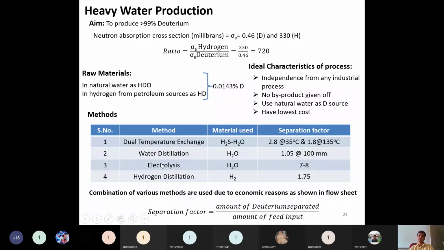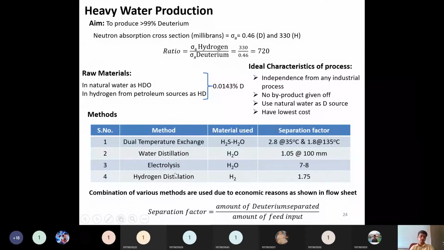That separation factor is very high for electrolysis, around 7 to 8, but no other process matches this separation factor. So due to economic reasons, we will use a combination of various processes, all these four methods.